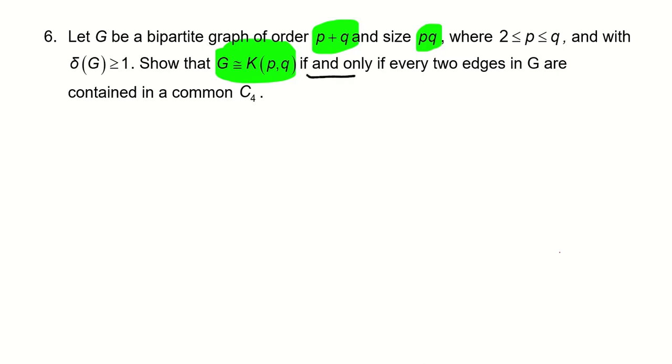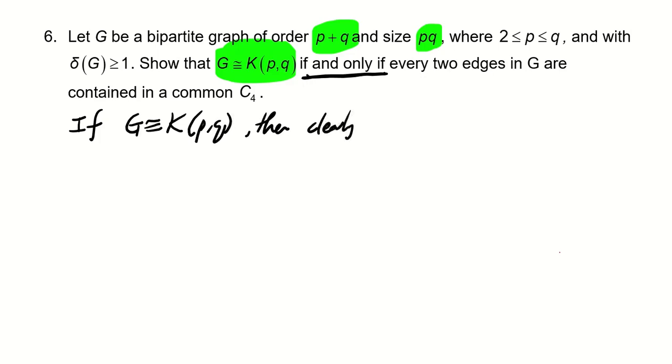So in this case, there is a statement with if and only if. We will prove one way first. If G is a complete bipartite graph, then clearly every 2 edges in G are contained in a common C4.